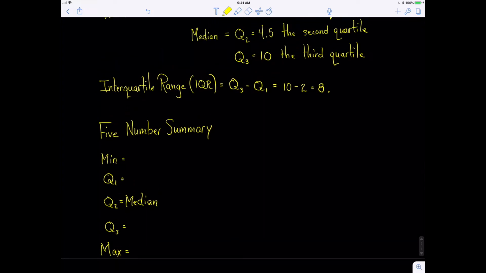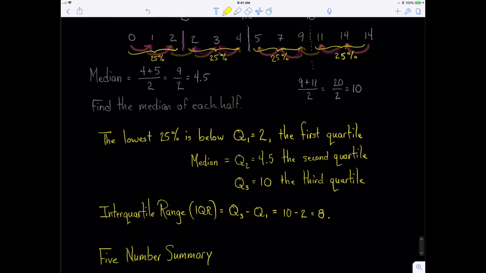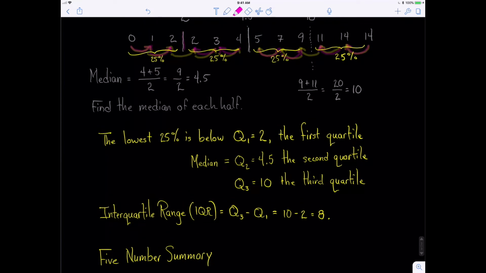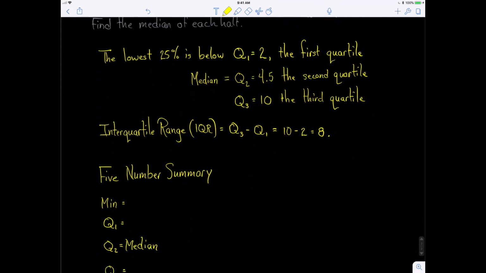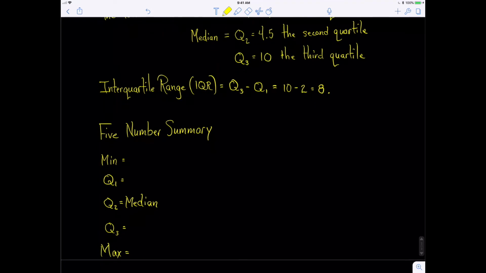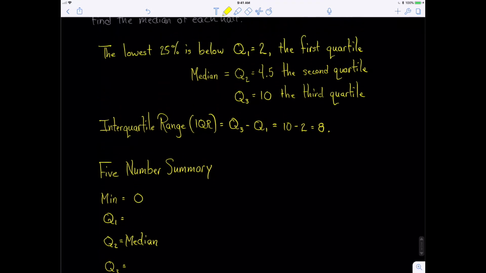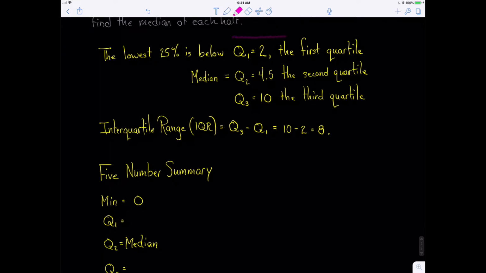If we look up above, our minimum value is right here. It's the 0. And our maximum is over here. That's 14. So let's write those down. So minimum is 0. Maximum is 14. And then look right up here towards the upper portion of the screen.